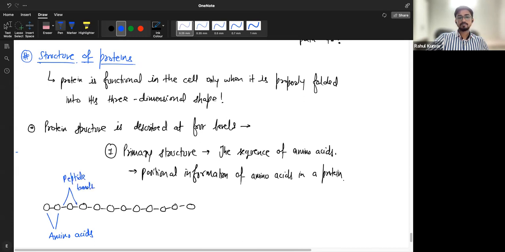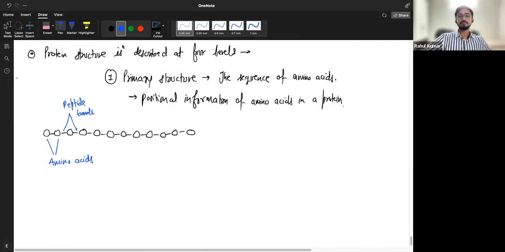Simple, the primary structure. Clear to both of you, Aisha and Iram?